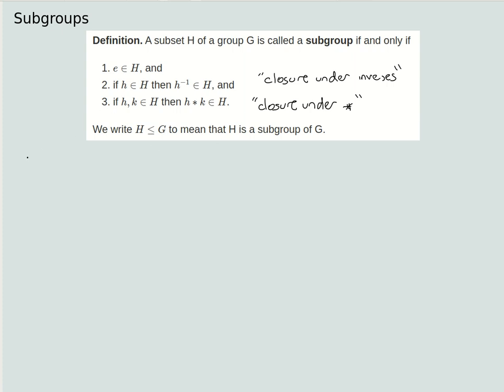Alright, let's look at some examples and non-examples of subgroups. First of all, we're going to look at a subgroup of the group of integers. We define 2ℤ to be all the integer multiples of 2, so all the things like -4, -2, 0, 2, 4, and so on.